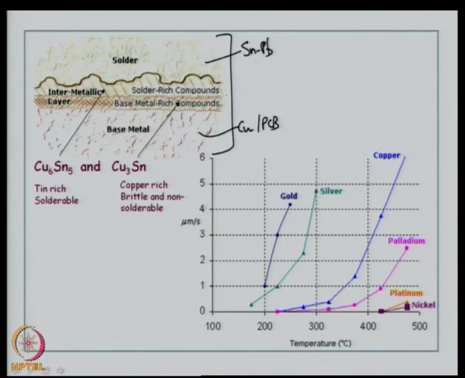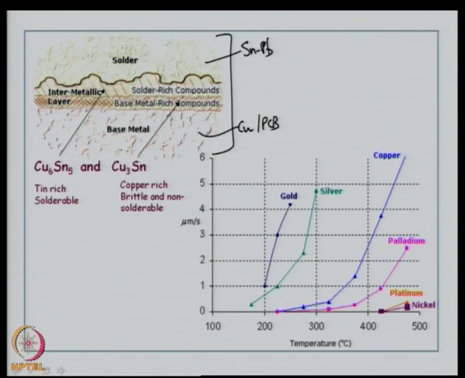Now, this is what happens when you do soldering. Solder gets attached to the copper, and once that alloying happens, the intermetallics are immediately formed. As the temperature increases, the intermetallic layer thickness also increases. Even at room temperature, over a period of time, the intermetallic thickness grows.